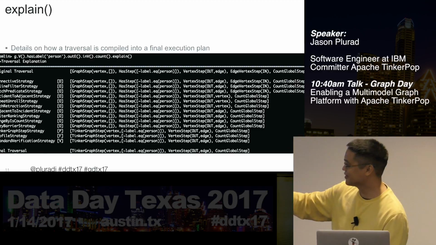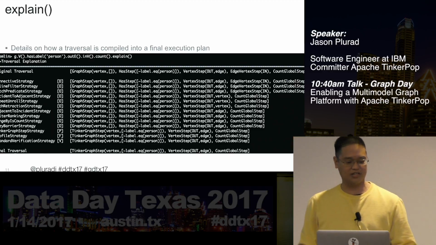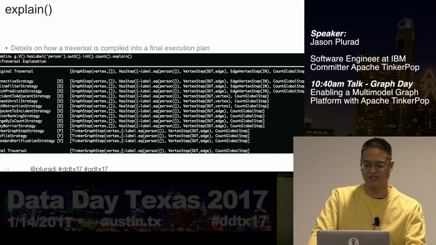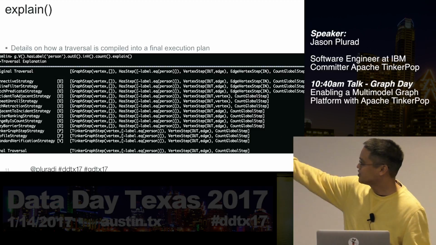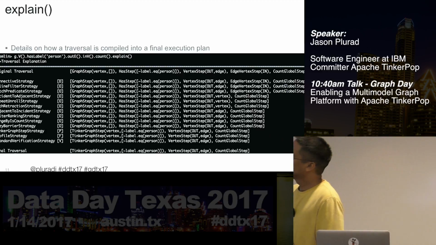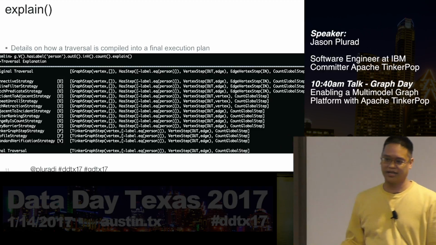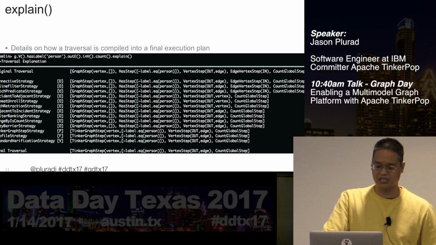The center column, which is a little bit hard to see, describes the type of traversal strategy. There are 5 different types, and we'll go into those later. On the right side, we can see the specific step plans. As we go down through this execution plan, we can see how, when a traversal strategy gets applied, our steps become a little bit simpler. And simpler is better when it comes to execution time.